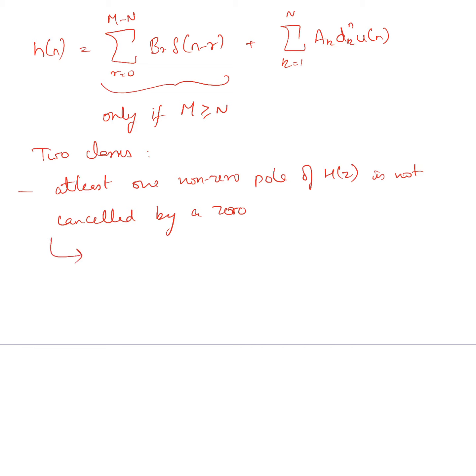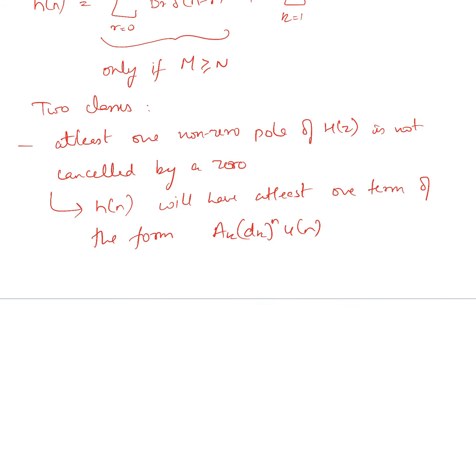In that case, your h(n) will have at least one term of the form a_k d_k to the power n u(n).